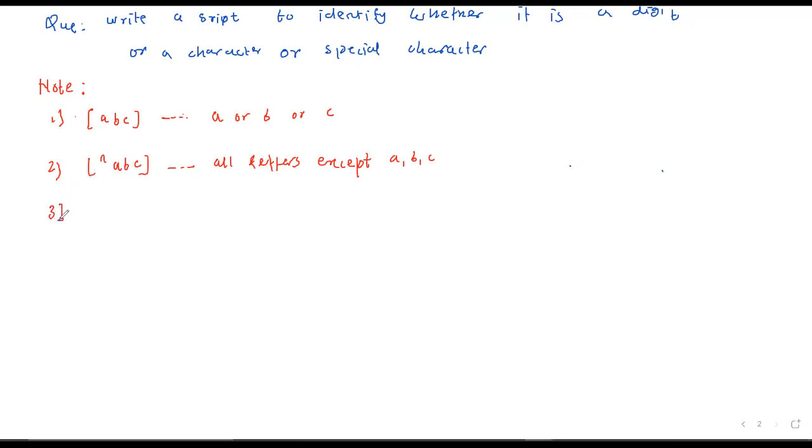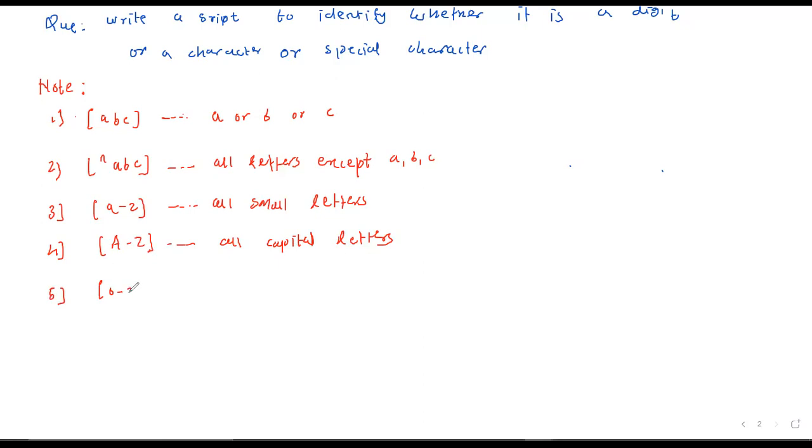Suppose we want letters from a to z, all small letters. Then capital A to Z, all capital letters, uppercase ones.